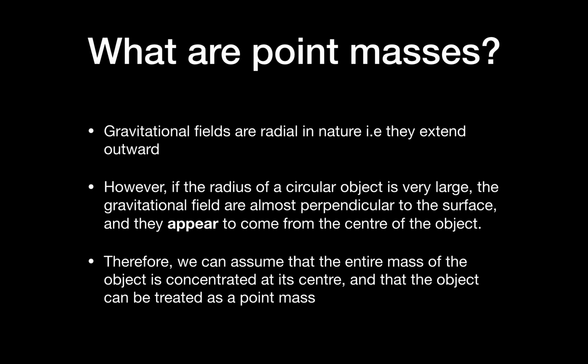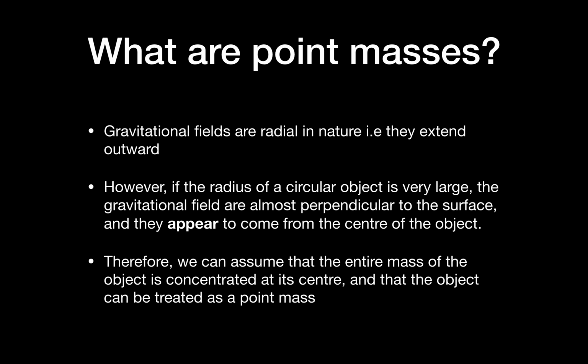When we hypothetically draw the gravitational field lines for a body as large as the Earth, it appears as though the gravitational field lines are perpendicular to the surface. We will examine this in the next slide. There is a diagram. And if we trace these field lines back inside the Earth, it seems as though they come out from the center of the object.